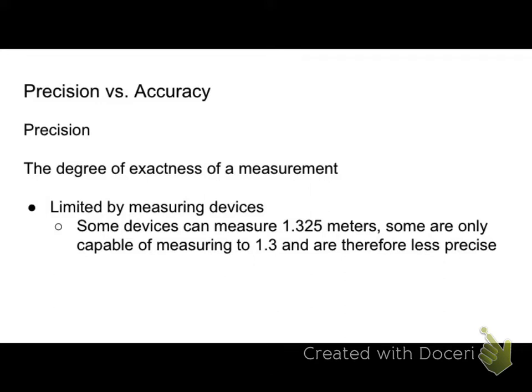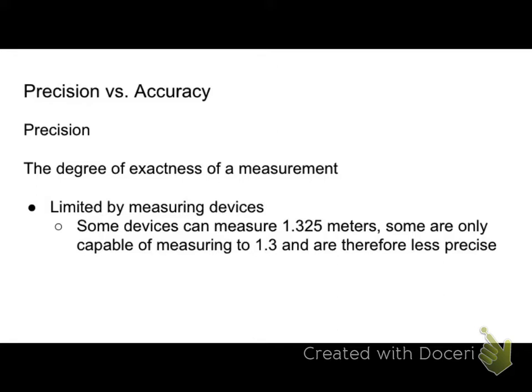This is limited by your measuring device. Okay, there's no way you can affect how precise a measurement is. It all is determined by the tools that are available to you. If you only have a ruler that has markings at every inch, you can't be more precise than a whole number of inches.